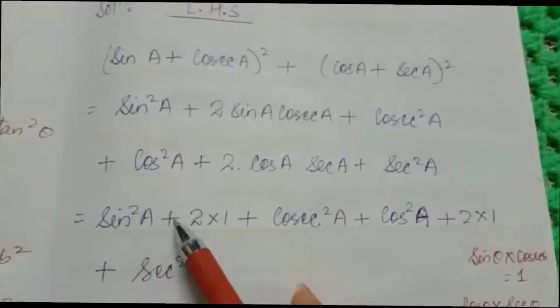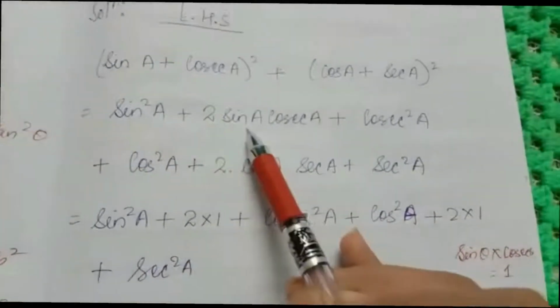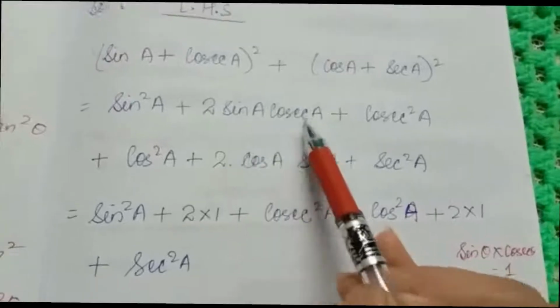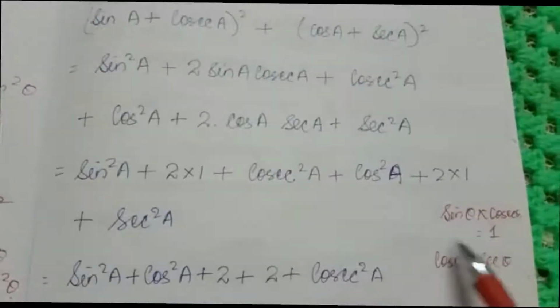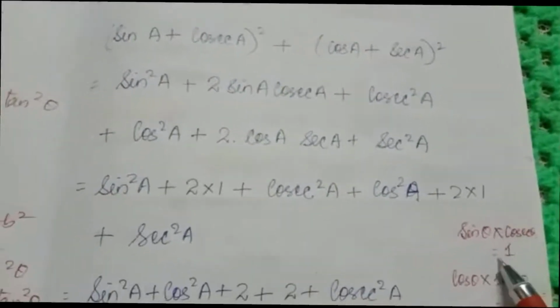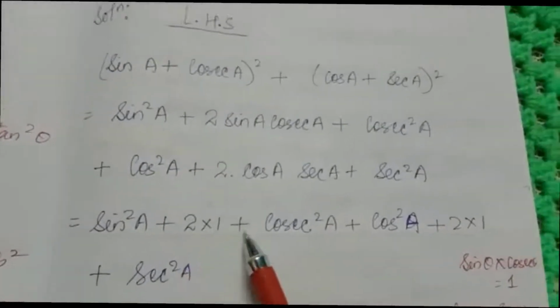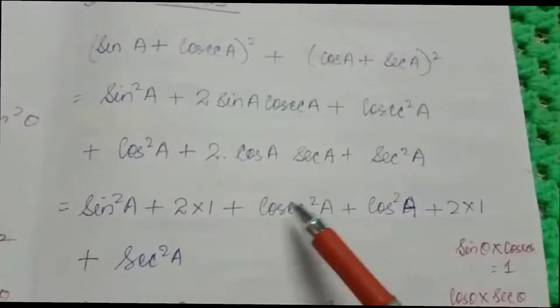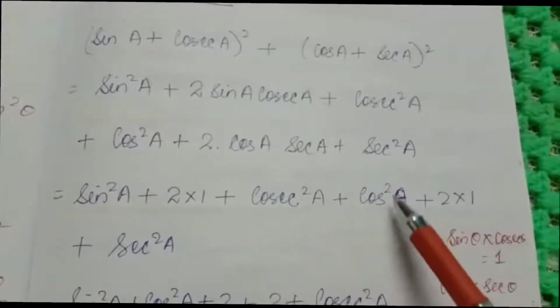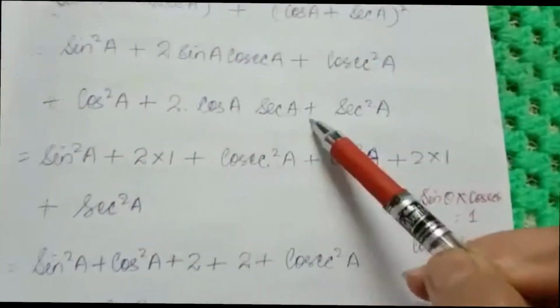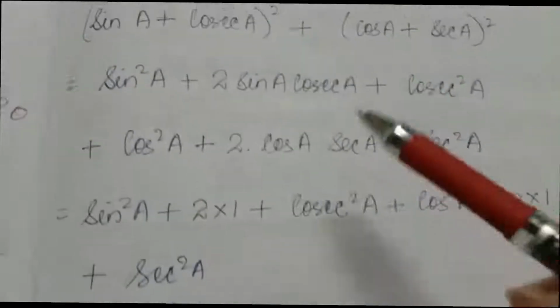Now sin square A plus 2 into sin A into cosec A, which is 1, because they are reciprocal and their product is 1, it is already given. So 2 into 1, plus cosec square A, plus cos square A plus 2 into cos A and sec A, they are reciprocal, so their product is 1.